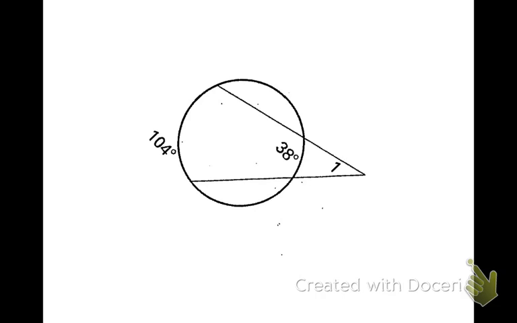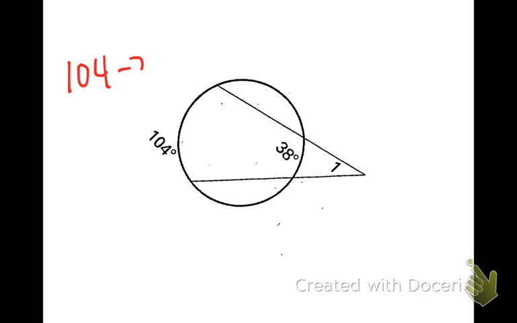How would I do this one? The angle is outside the circle. So I do what? Subtract. So what would it be, Brandon? 104 minus 38 divided by 2. Right.